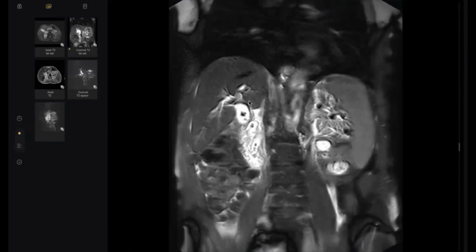What is the mechanism? Because the stasis of the pancreatic enzymes within the pancreas will cause inflammation and autodigestion of the pancreatic ducts and pancreas. What happened to the pancreatic enzymes to get activated?